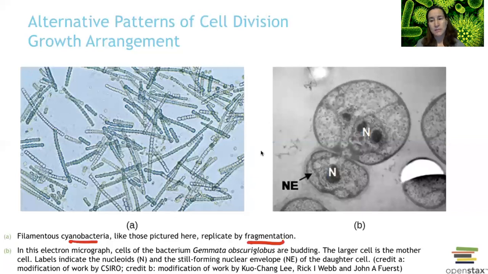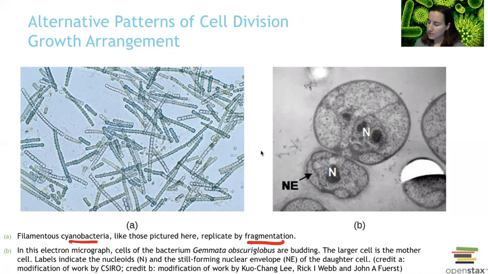Basically a piece of it breaks off and copies itself. It's asexual reproduction, just like binary fission, but instead of splitting in a perfect half with fission, fragmentation is where a chunk of that parent filament of the cyanobacteria breaks away, and it will grow up and develop on its own.